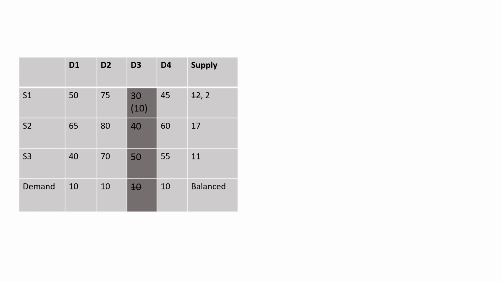Here there is 45, but here there is 40. 40 is the minimum, right? So we choose 40, and we assign.